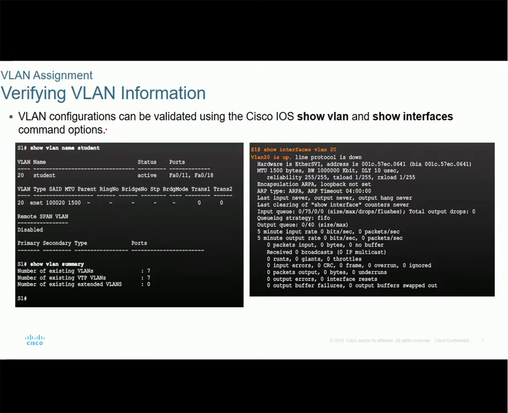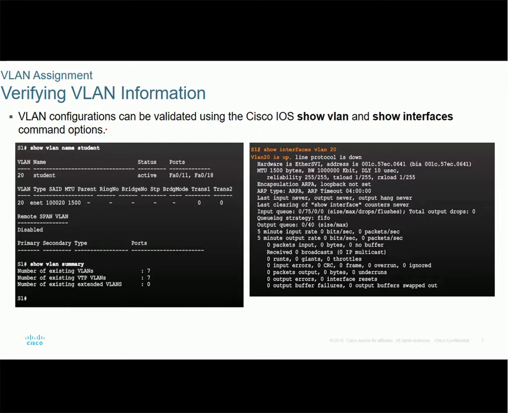Or if you type show interfaces vlan 20, you can identify if that VLAN exists and see additional details about that VLAN.